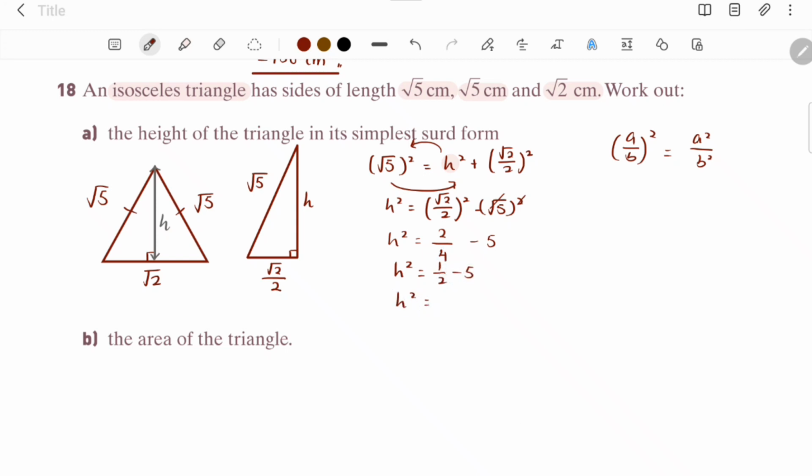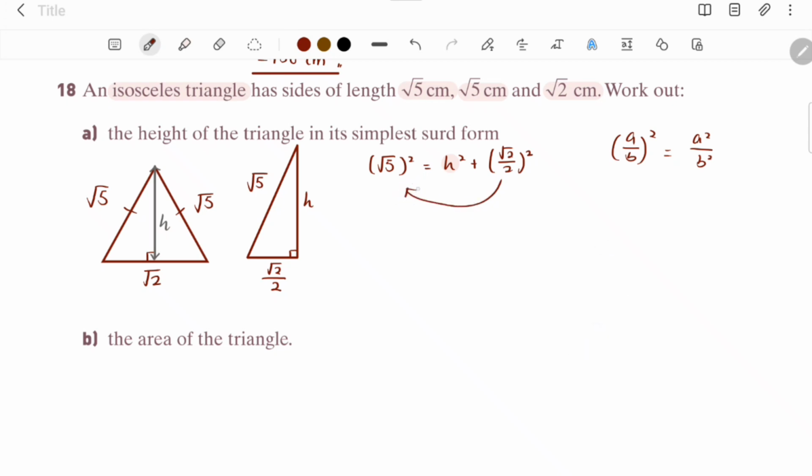Okay, sorry. This one should be like that, because we need to keep the h squared positive. So we cannot move the h squared.